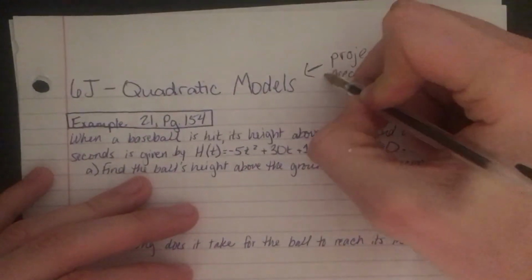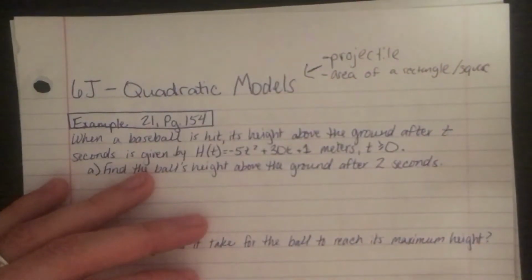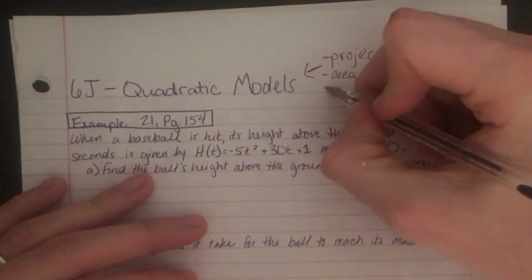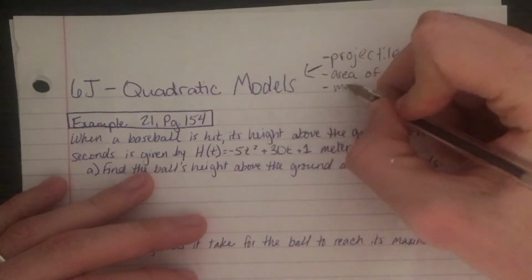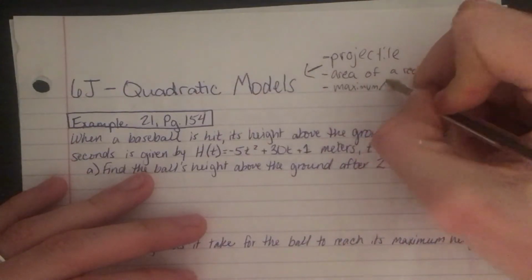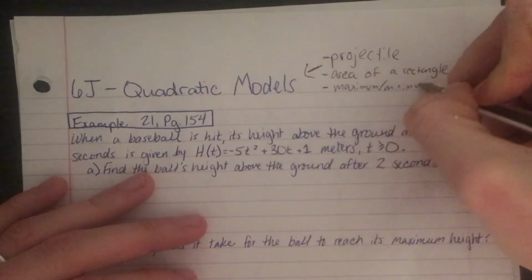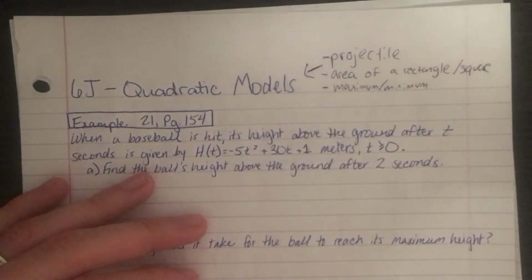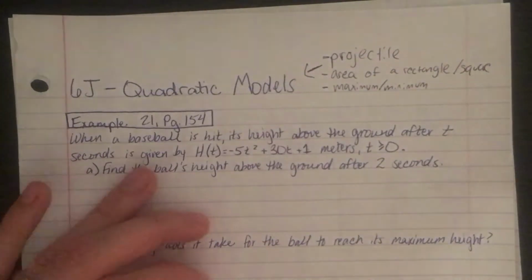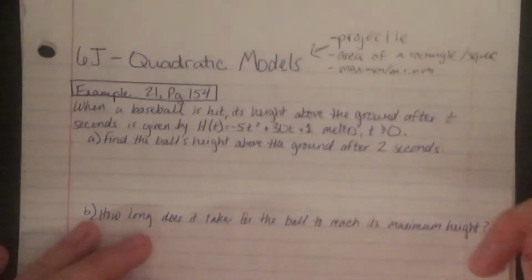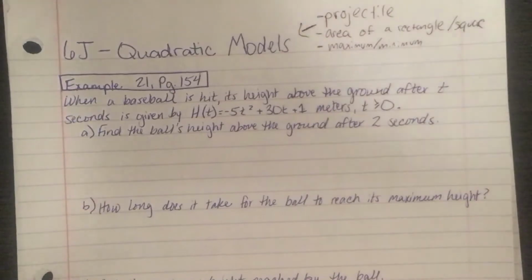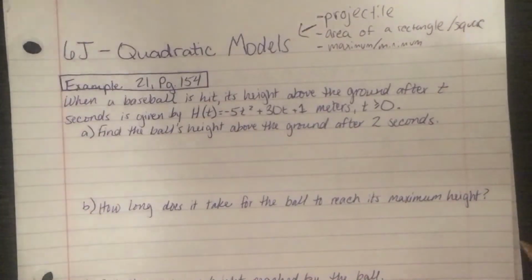You can also use it to tell the maximum or the minimum if it is a quadratic model. There's a couple of different uses. So we're going to look at a couple of problems that illustrate each of these and some things to look for.